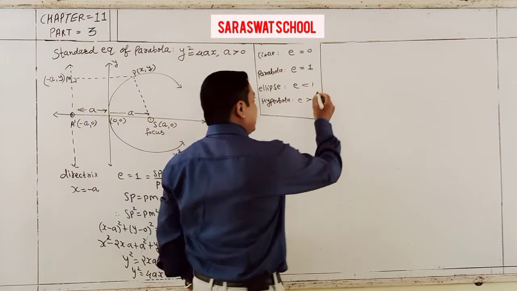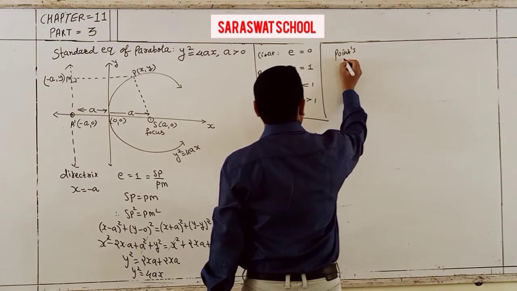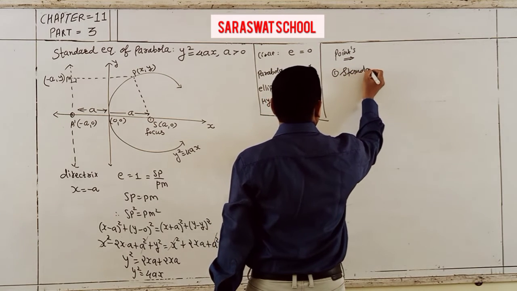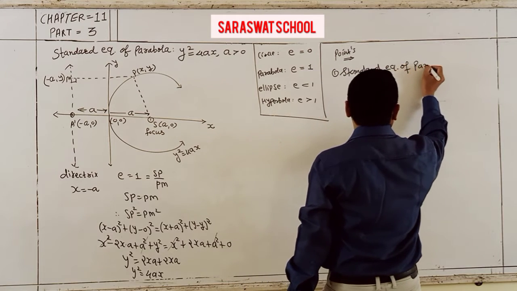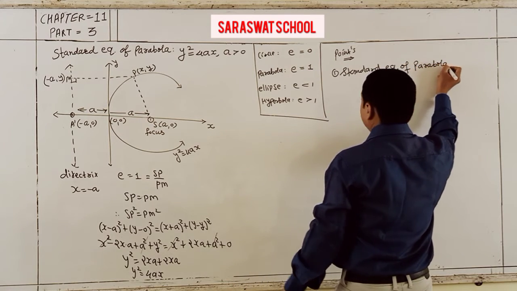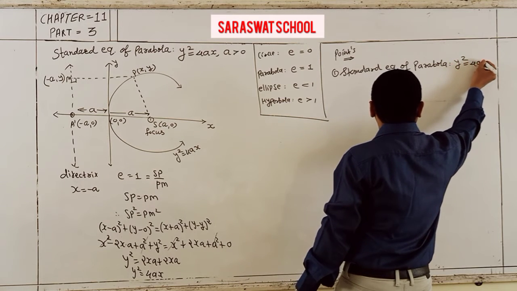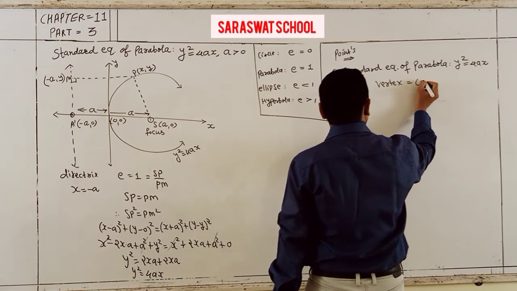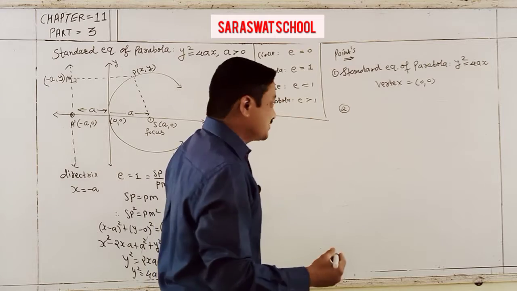After that you will write down the main points. First point, the standard equation of the parabola. After ending this drawing, y square is equal to 4ax having vertex (0, 0). Second, focus.